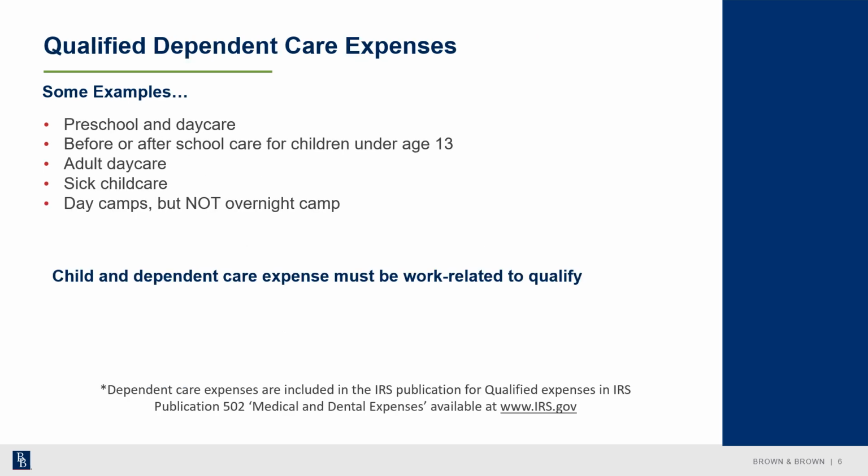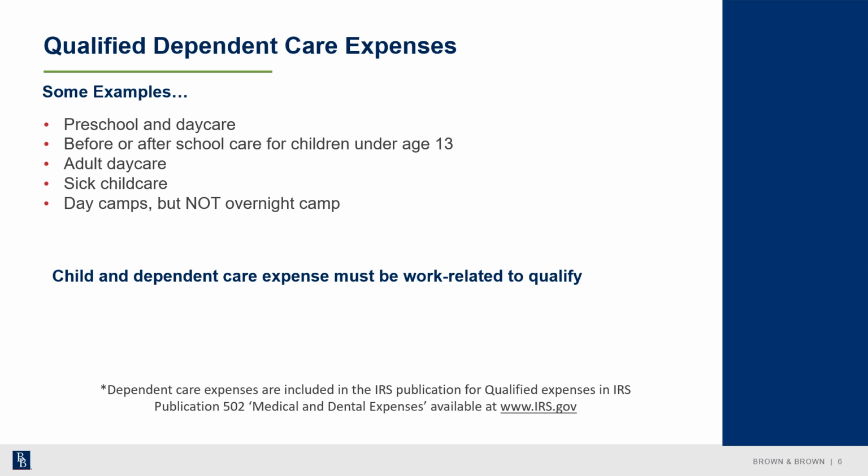And some examples of qualified dependent care expenses: preschool and daycare, before or after school care for children under the age of 13, adult daycare, sick child care. You still have to work, but your kid can't go to school. If you've got some care that is available for them, that could be run through your dependent care FSA.